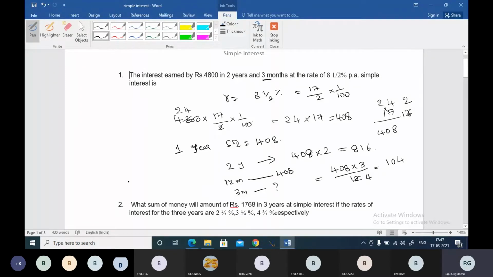Now the answer: for 2 years simple interest is 816, and for 3 months simple interest you just found as 102. It will be 918. So 918 will be your answer.